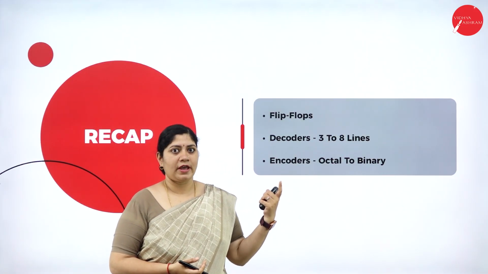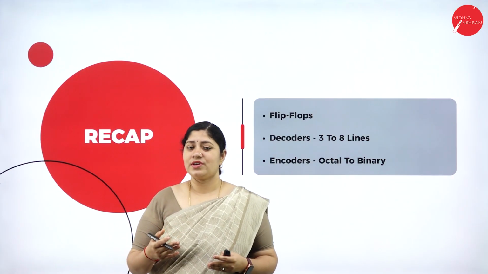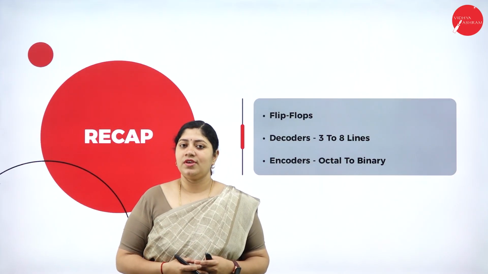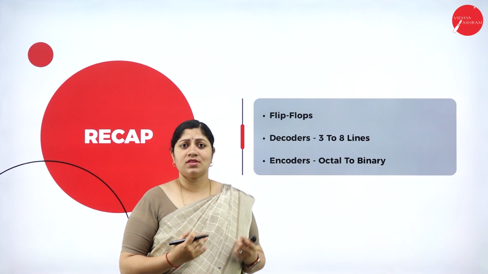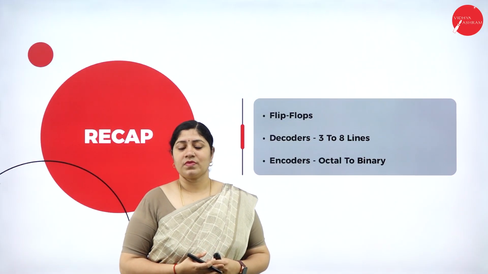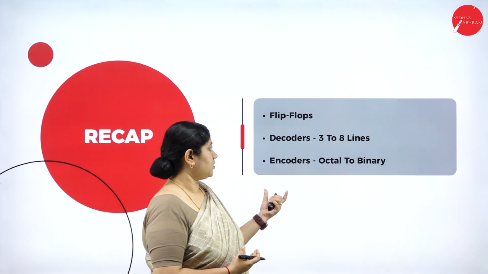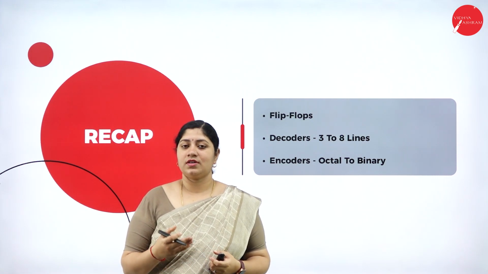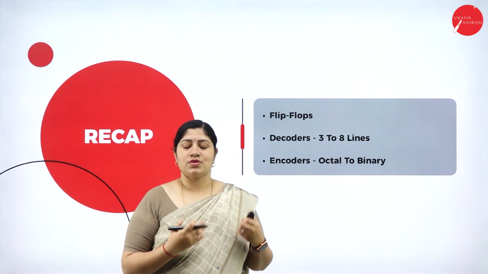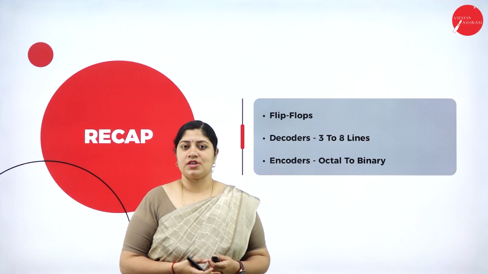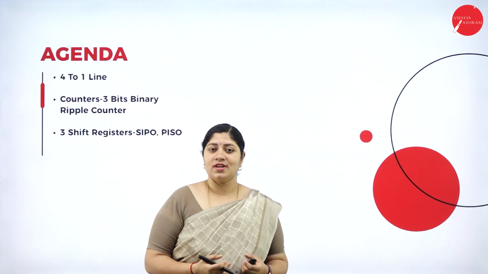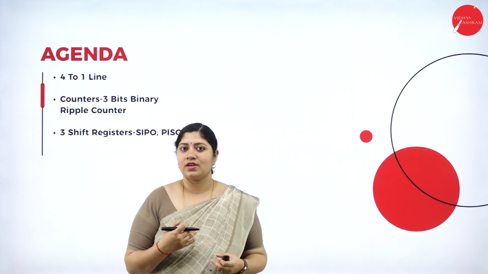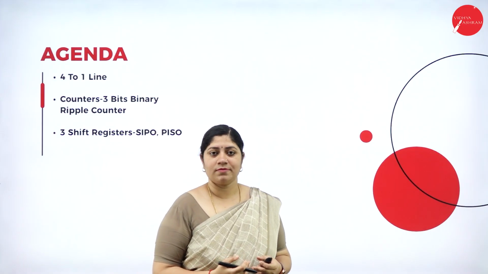Next we discussed what a decoder is, and under that we learned what a 3 to 8 decoder is. Up next we discussed encoders. Under encoders specifically we learned octal to binary conversion. So this is all about our previous session.